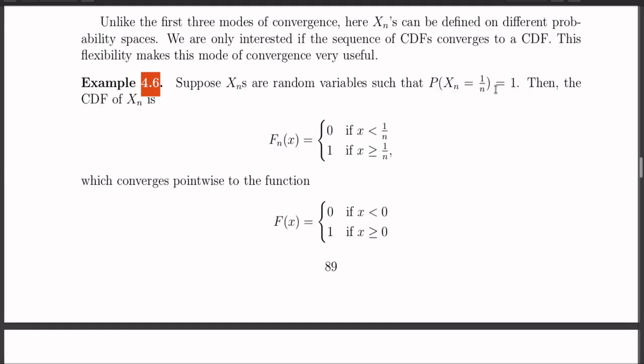So you can think, not exactly but loosely speaking, that the sequence Xn is equivalent to the sequence of real numbers 1/n. Now we know that 1/n converges to 0, so Xn should converge to 0 in distribution, right?